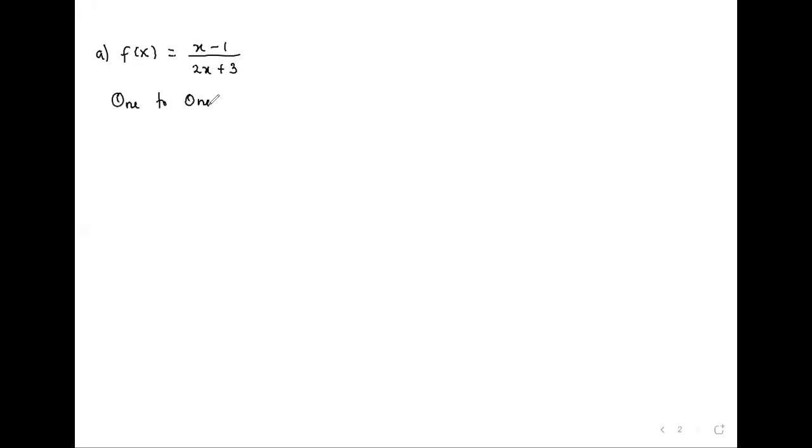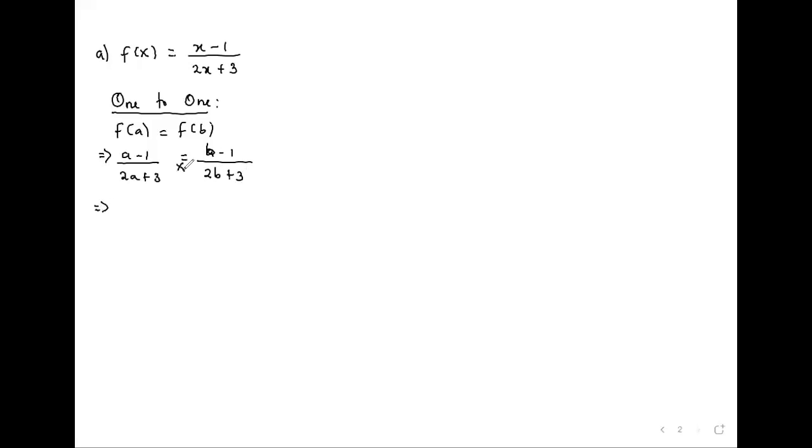Well, we say f of A is equal to f of B. This is the same thing as f of A. In f where there is x, you substitute A. So we have A minus 1 over 2A plus 3 is equal to B minus 1 over 2B plus 3. And then we cross multiply.